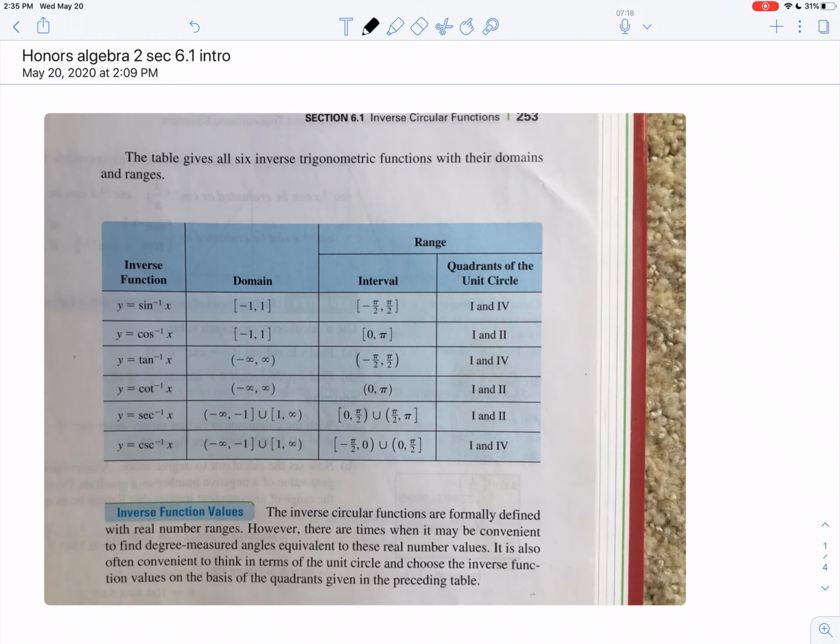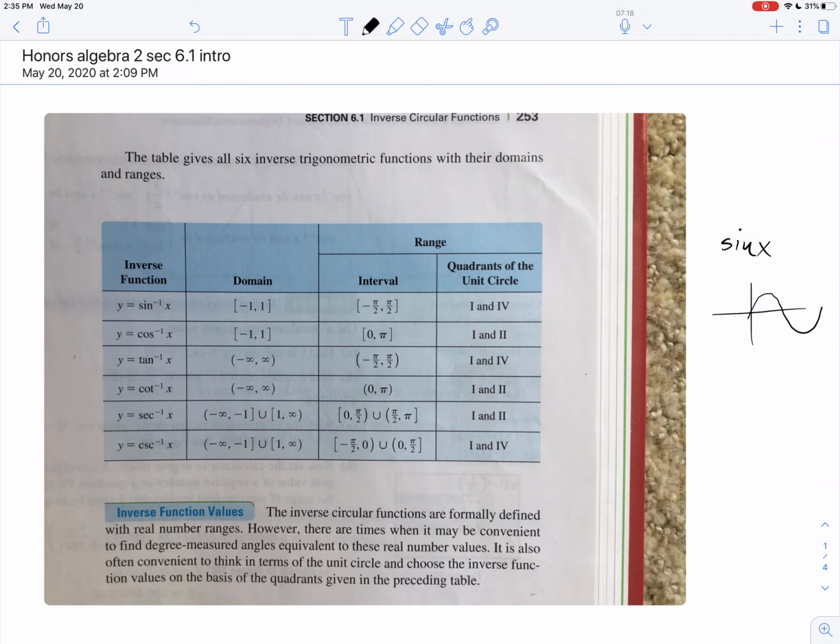If you have a sine function and it's taking the sine of some angle x, and you want to work backwards and find out what the angle was to get that, you can't be looking everywhere all over this graph.